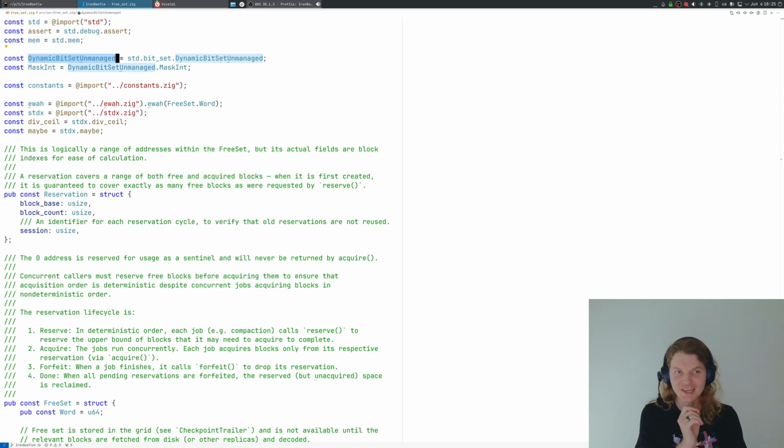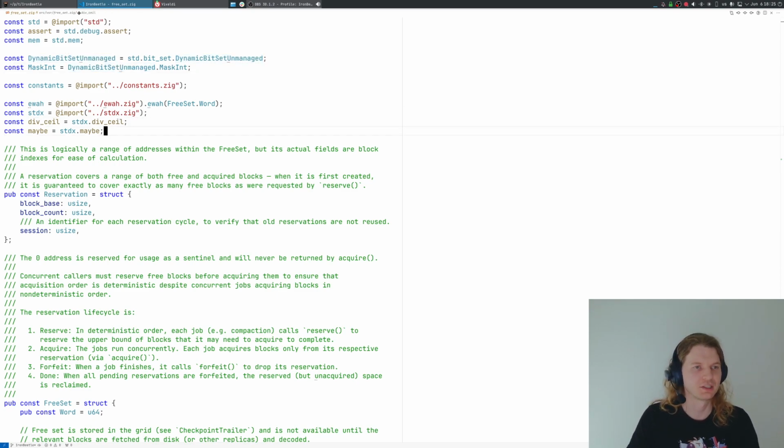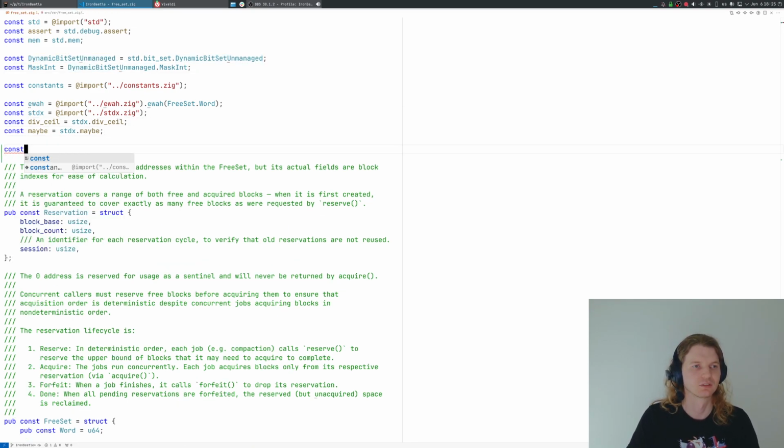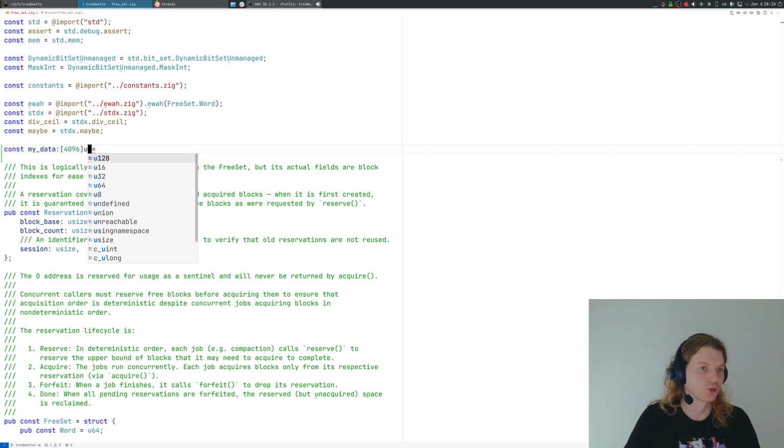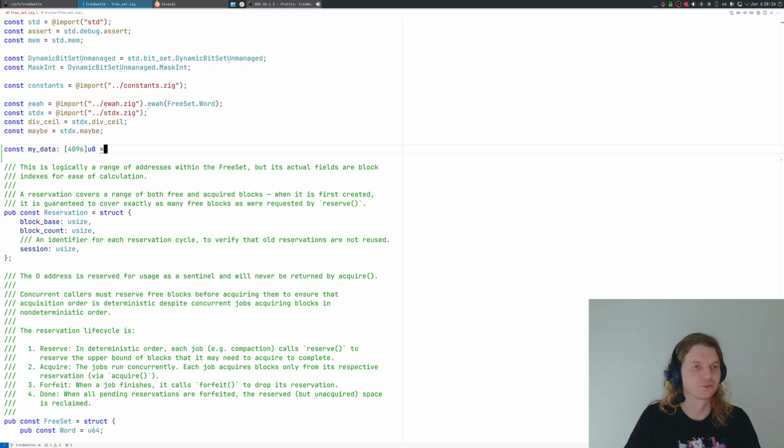When people say static allocation, what they typically mean is some kind of data which is allocated in the data segment of your ELF file. So this is static allocation, where I allocate all memory at compile time. This is not what we do at TigerBeetle.